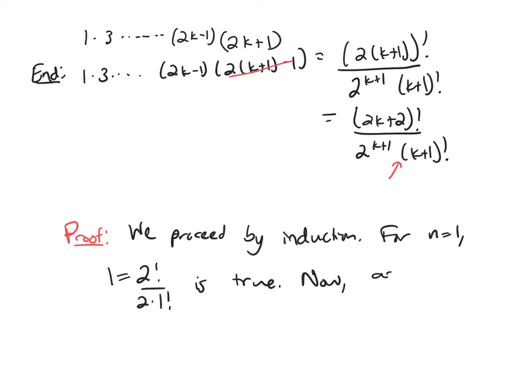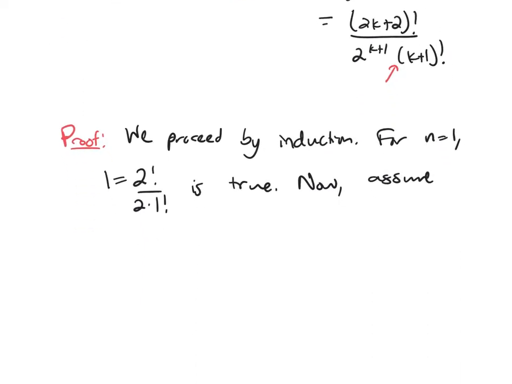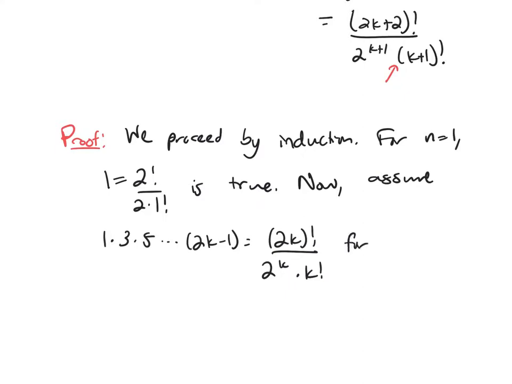Now, assume that 1 times 3 times 5 all the way up through 2k minus 1 equals 2k factorial over 2 to the k times k factorial for some integer k greater than or equal to 1.